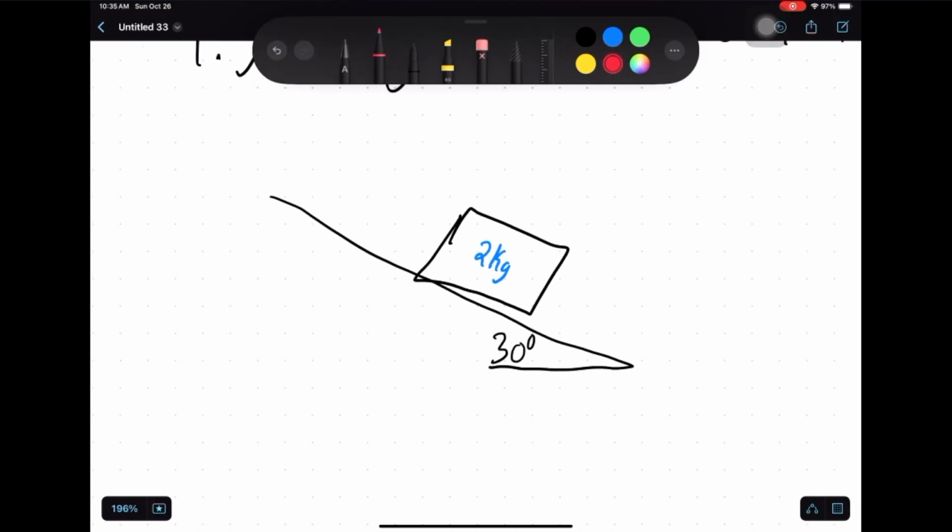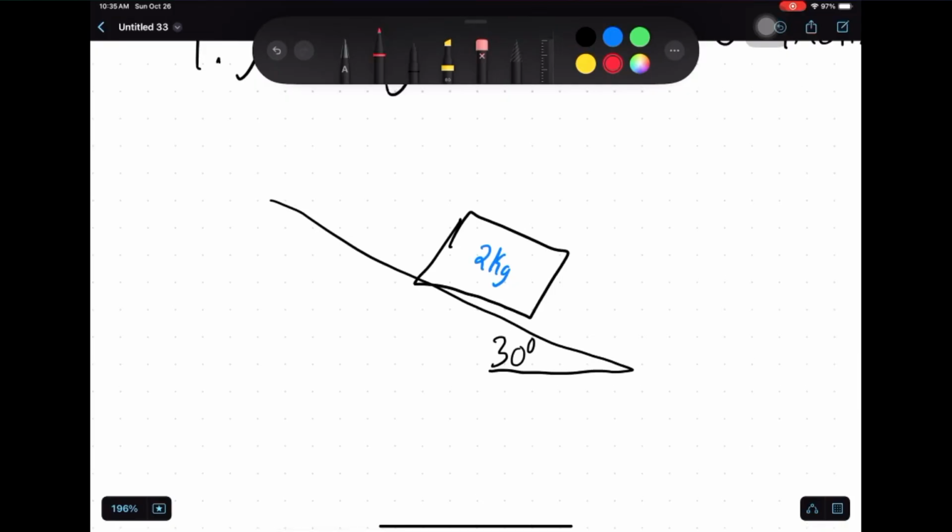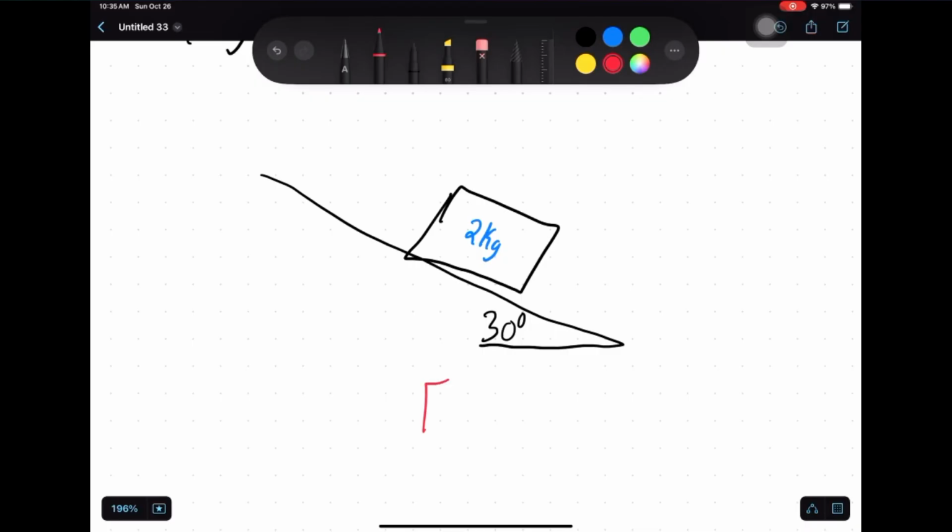We're first going to draw our free body diagram. So, with every object on Earth, it has gravity. Remember, force of gravity equals the gravitational constant times the mass.